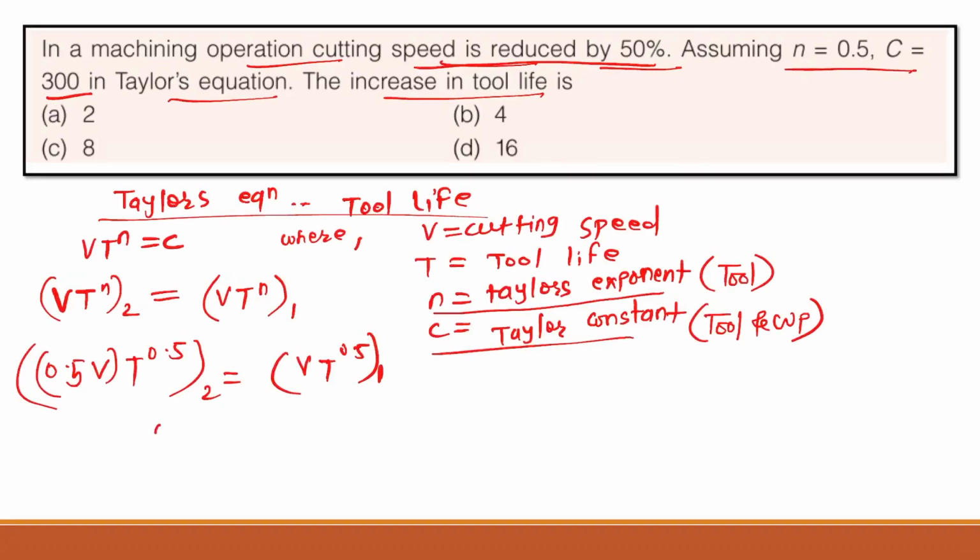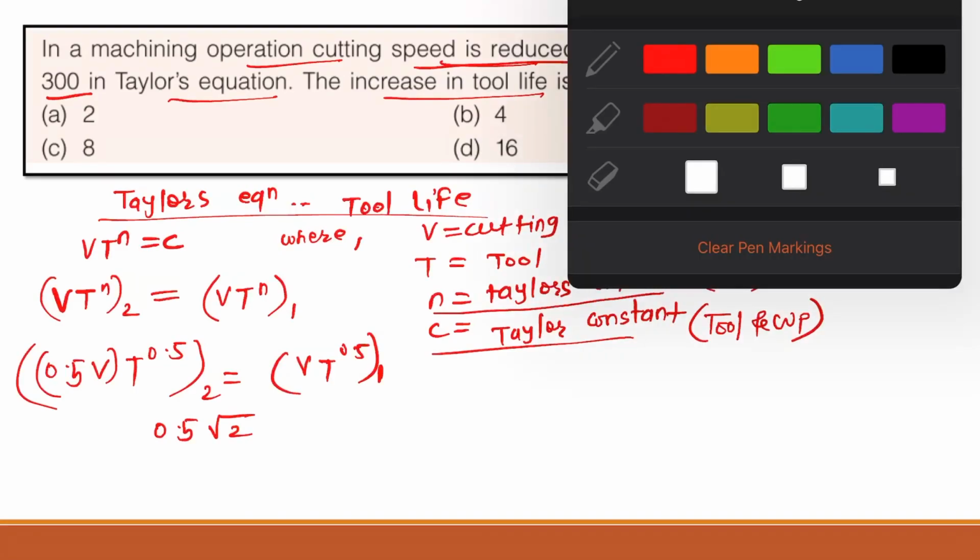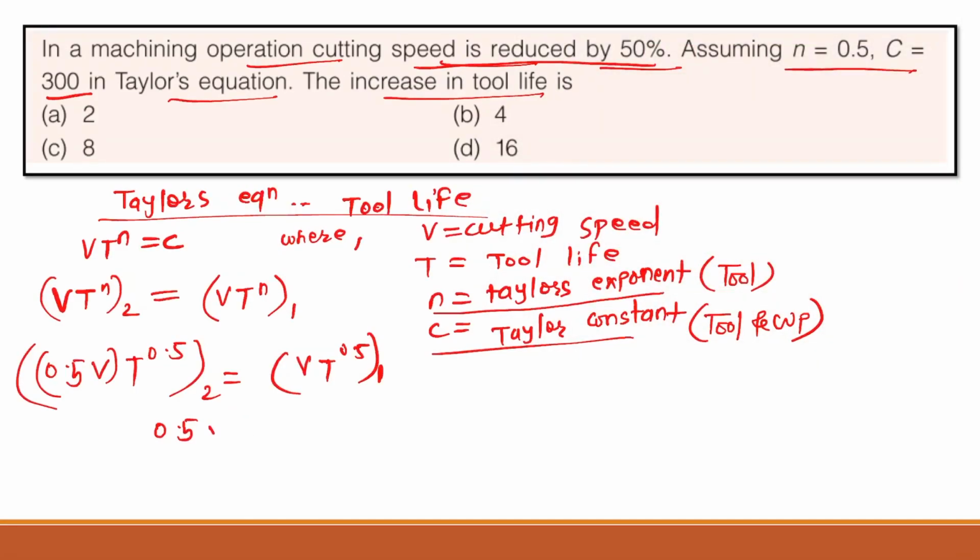By solving this equation, we get T2 is equal to 4 times T1. So this is the answer. The correct answer will be B. The increase in the tool life is 4 times, right?